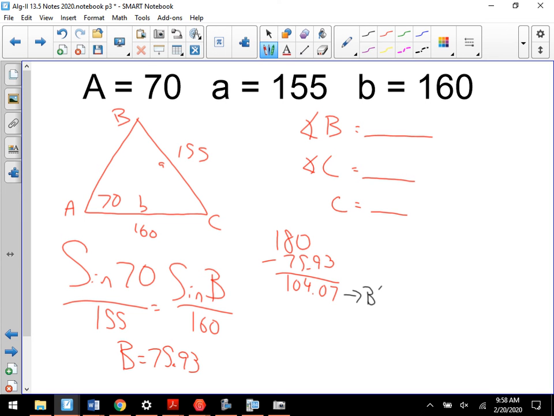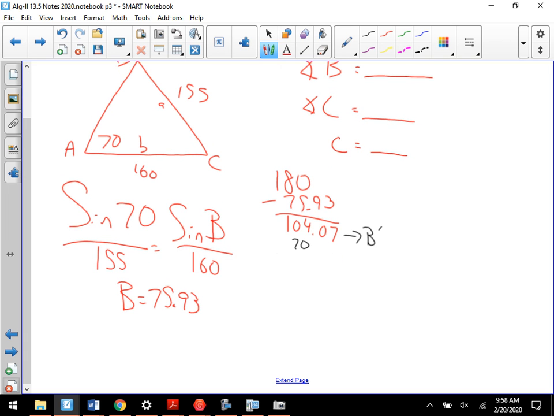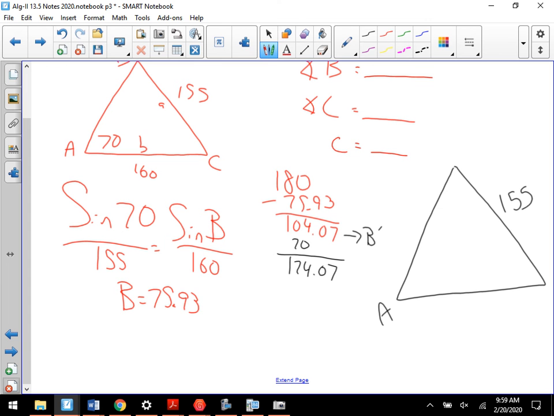What do I have to add to that? 70. Is that above or below 180? So how many triangles are you going to have? 2. So you just do the same thing twice. Your second triangle then, your little a is the same, your little b is still the same at 160, and angle A is 70.